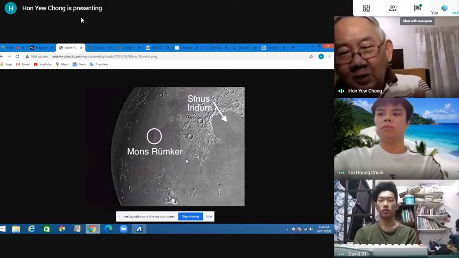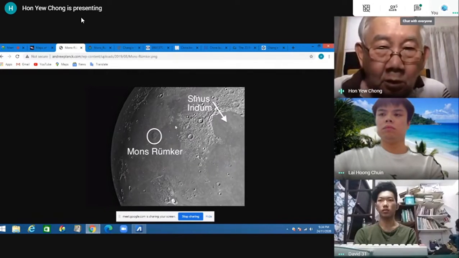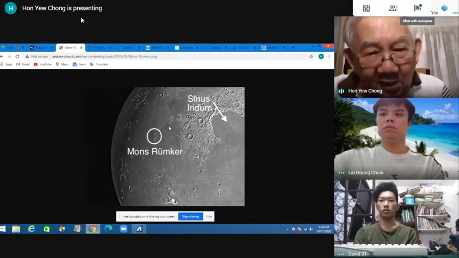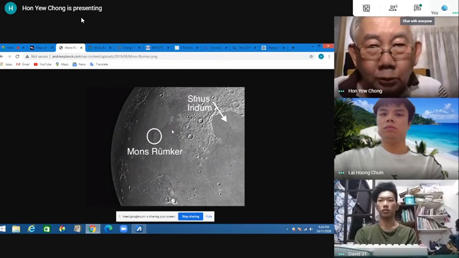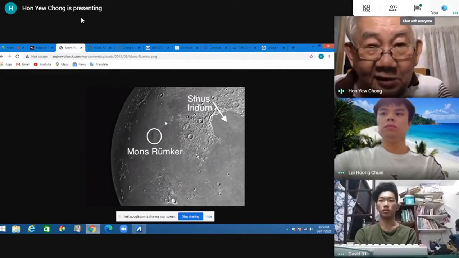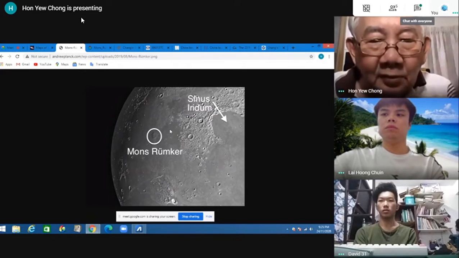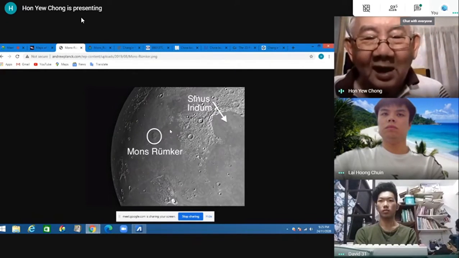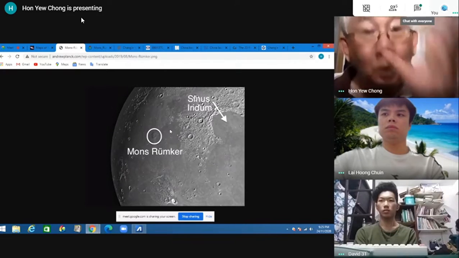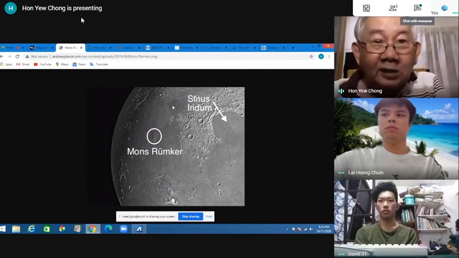Already, you saw in the news in the past few weeks that they say the material in this Oceanus Procellarum, Sea of Storms, is younger, 1 to 2 billion years old. So they suspect that the data they can get by analyzing the moon rock and moon soil from this area will rewrite the history of the moon. A lot of things on the moon we don't know will be answered by this moon rock. So we are all so excited.